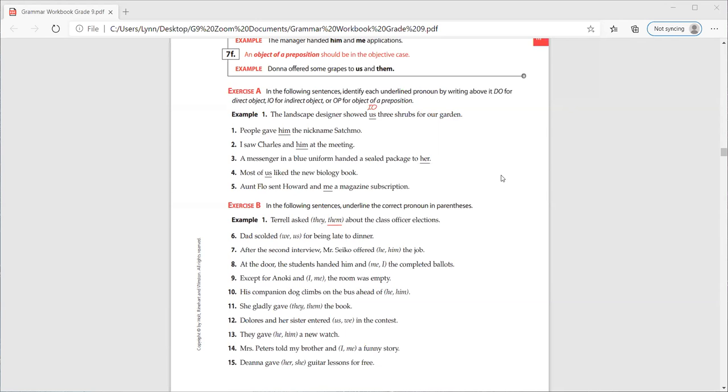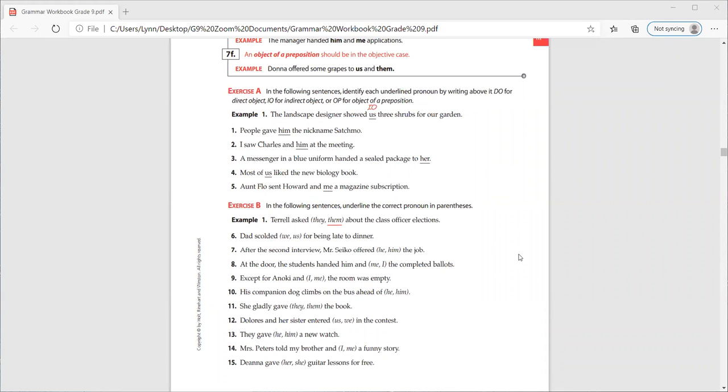What did people give him? The nickname, Satchmo. So that's going to be the direct object. So who did they give it to? To him. So him will be what? Indirect object. Yes, indirect object.